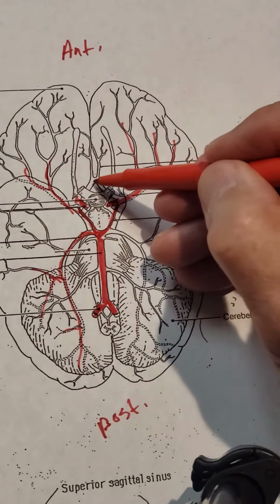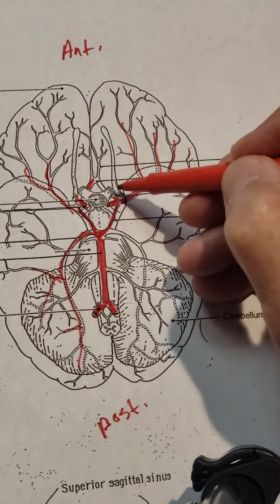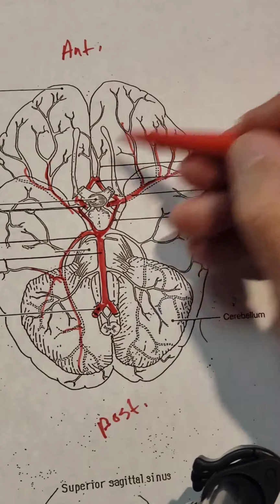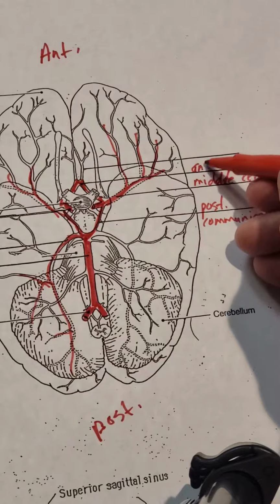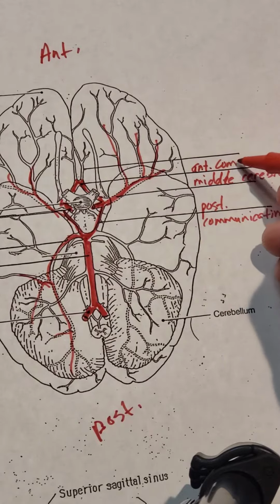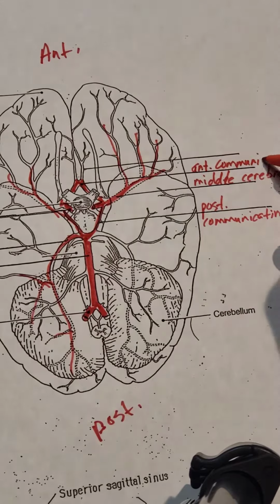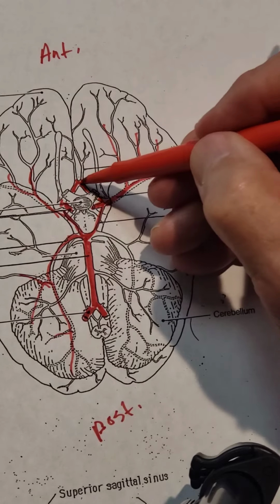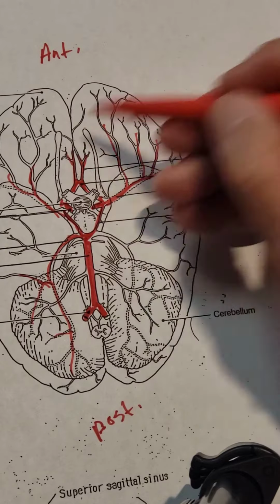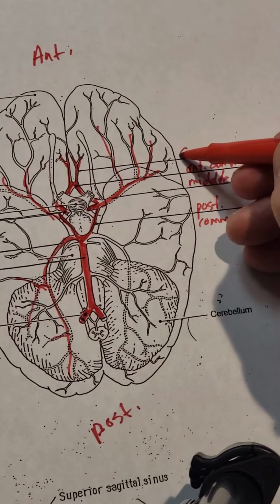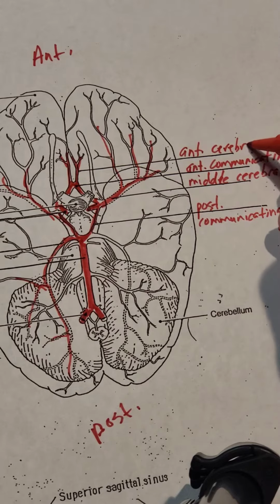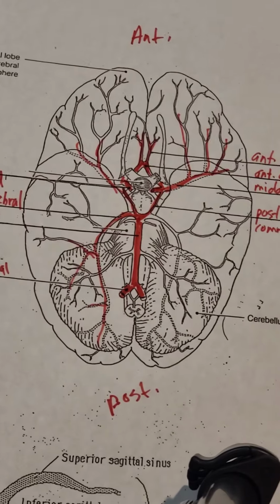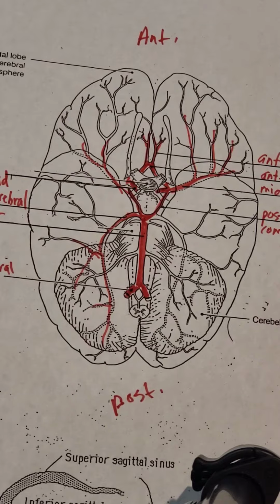Then as we come forward, we have to complete our circle and connect these two right here. The connection that's made up in the front here is known as the anterior communicating artery. And then all we have left are the branches that come out front, which are going to be our anterior cerebral. When you first glance at this, it could be a little bit difficult to figure out.